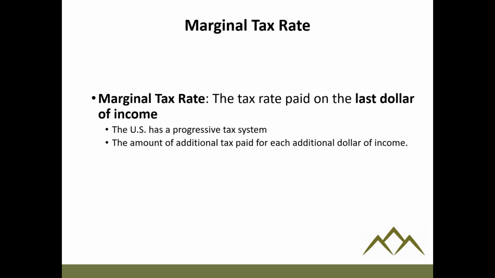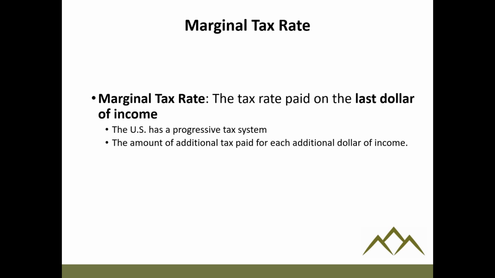The theory is that somebody with $1 million of income isn't going to feel the same hit on a percent basis as somebody with $50,000 of income. 25% of your income at $50,000 is going to affect your quality of life in a much more profound way than 25% of somebody's income if they've got $1 million. And each time you graduate a bracket, every dollar that you earn above that point is taxed at the higher rate, not the entirety of it.